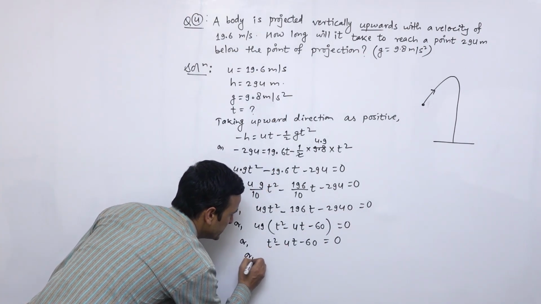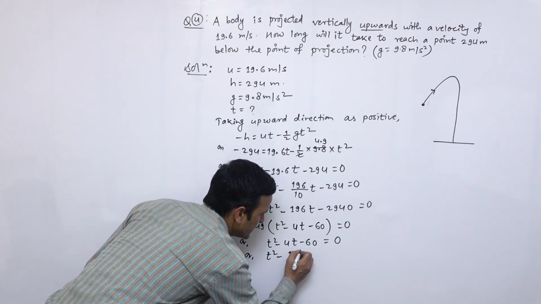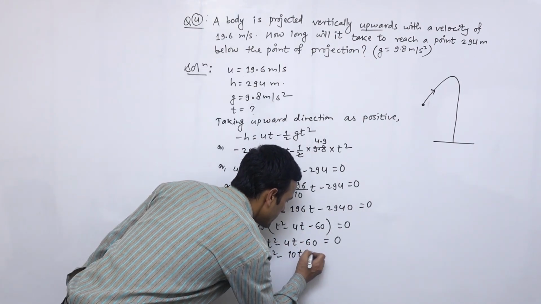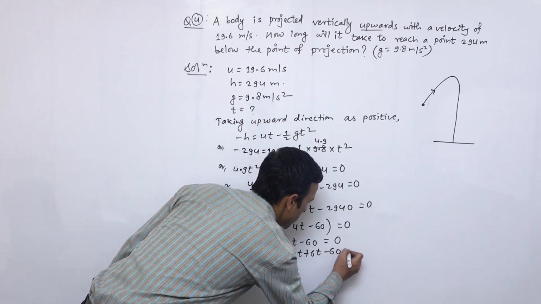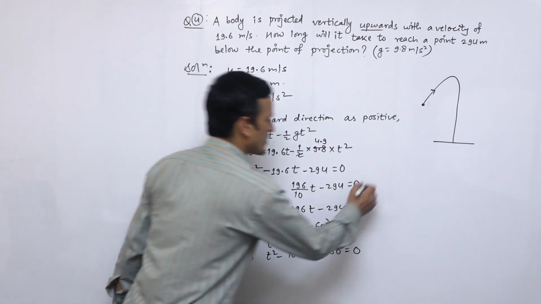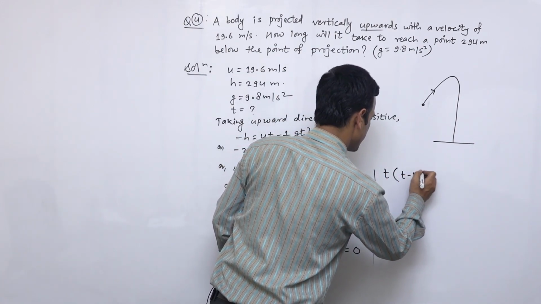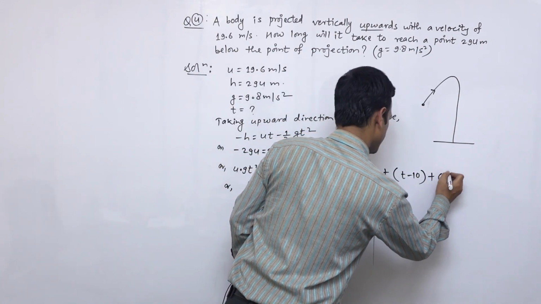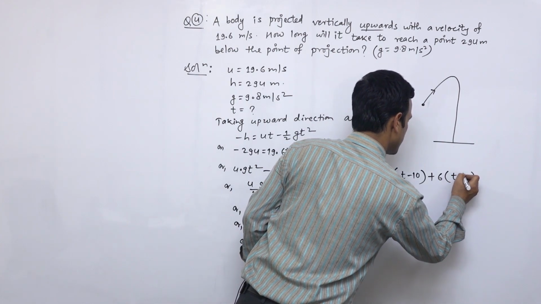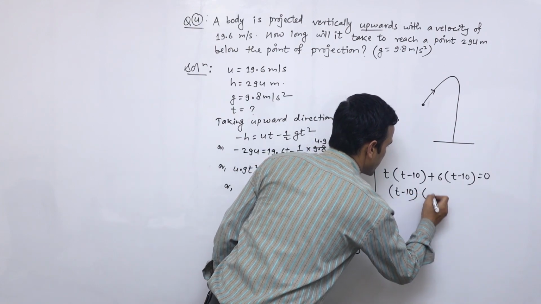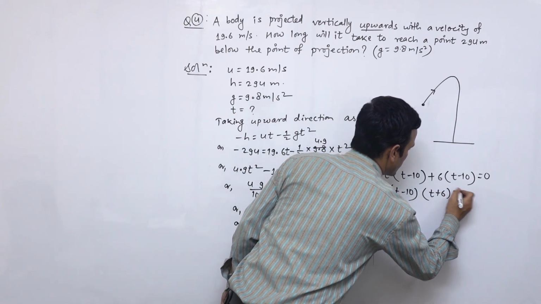So now we can factorize: minus 10 plus 6 gives minus 4, and 10 times 6 is 60. In this way we can solve it. Now here is t common, t minus 10 plus 6 common t minus 10 is equal to 0. So we can write down t minus 10 and t plus 6 is equal to 0.